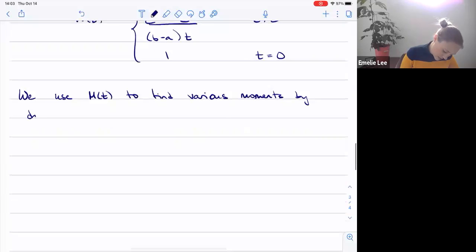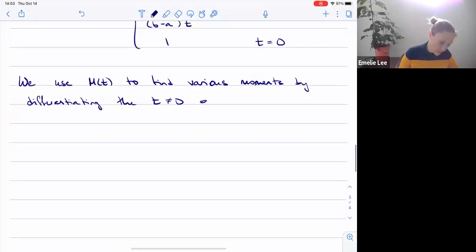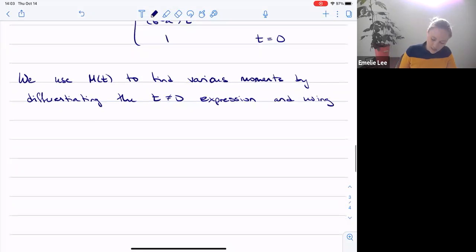So by differentiating the t not equal to 0 expression, and using L'Hopital's rule again to take the limit as t goes to 0.